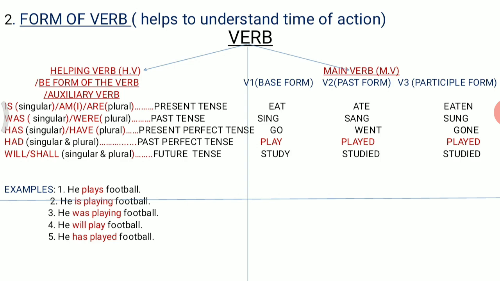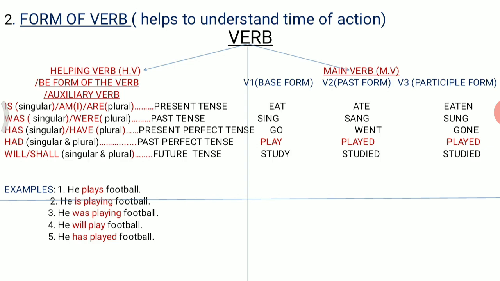Now just look at these examples. He plays football. He is playing football. He was playing football. He will play football. He has played football. Now in all these five sentences, your subject he is the same and the object football is the same, but the verb play is changing.